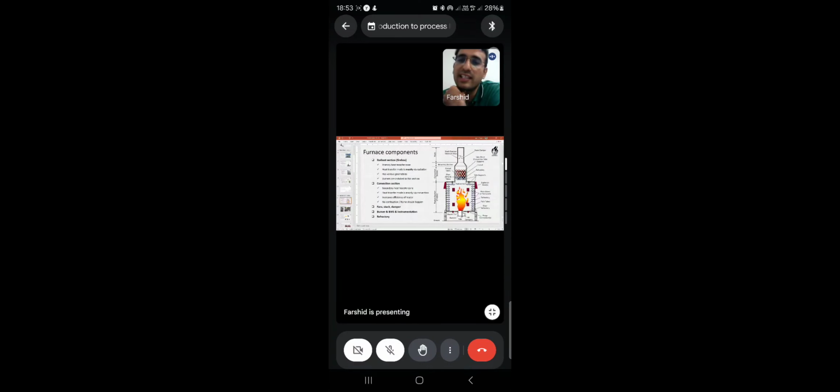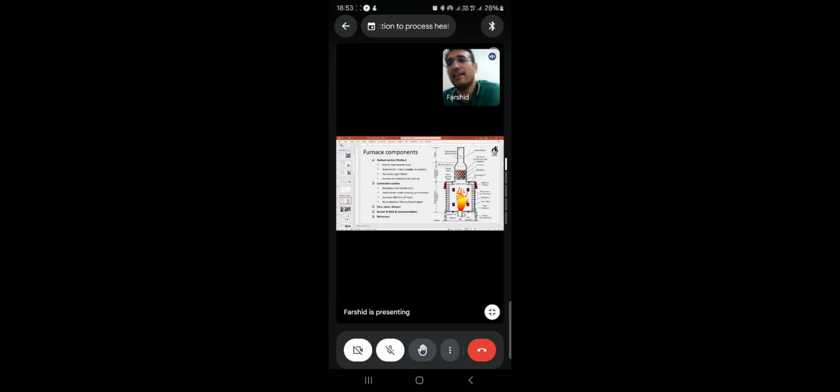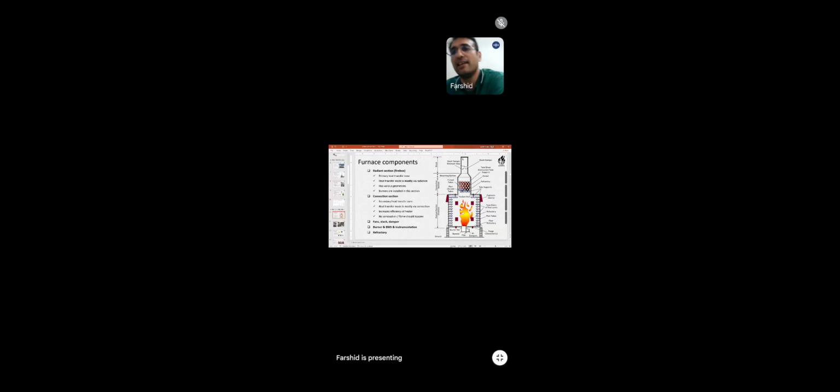I forgot to talk about the stack. When the heat is transferred fully with the convection, with the tubes, with the extended surface tubes inside the convection section, the stack helps the flue gas get out of the heater. How does the stack do that? The stack does that by a phenomenon called the stack effect.